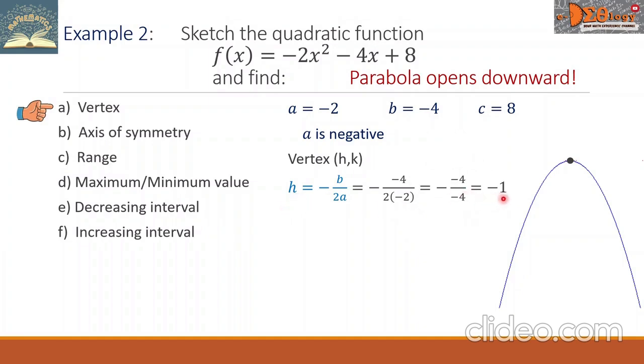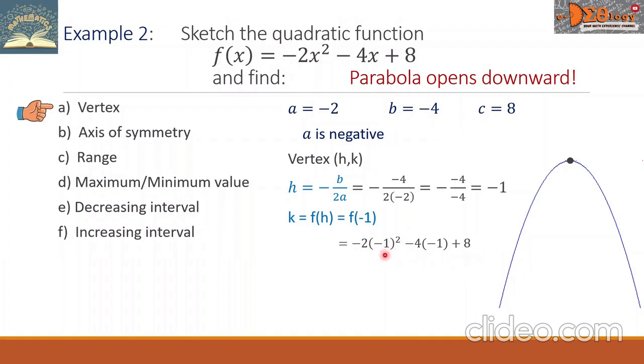This is the h. What about the k? K equals f of h. Our h is negative 1, so we evaluate f of negative 1. Our function is here, so we evaluate this by negative 1. So we have negative 2 times the square of negative 1 minus 4 times negative 1 plus 8.